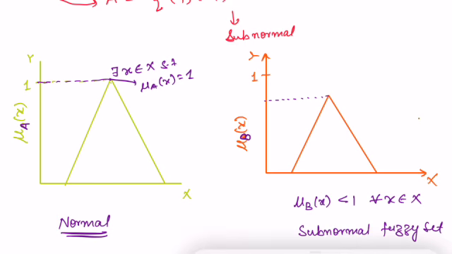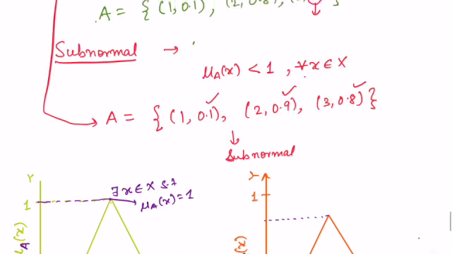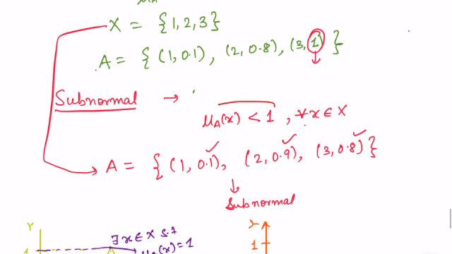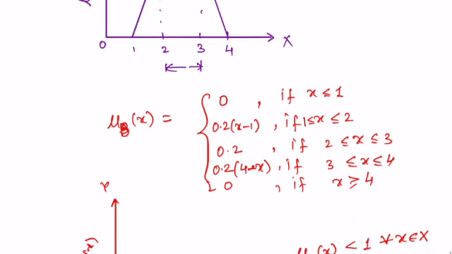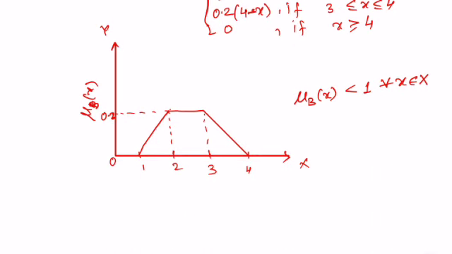This was by mistake. There is no equal to, it is less than 1. So this is the perfect definition. All the membership grades are less than 1, and that is why this is a subnormal fuzzy set. I hope you got this concept of subnormal fuzzy set.